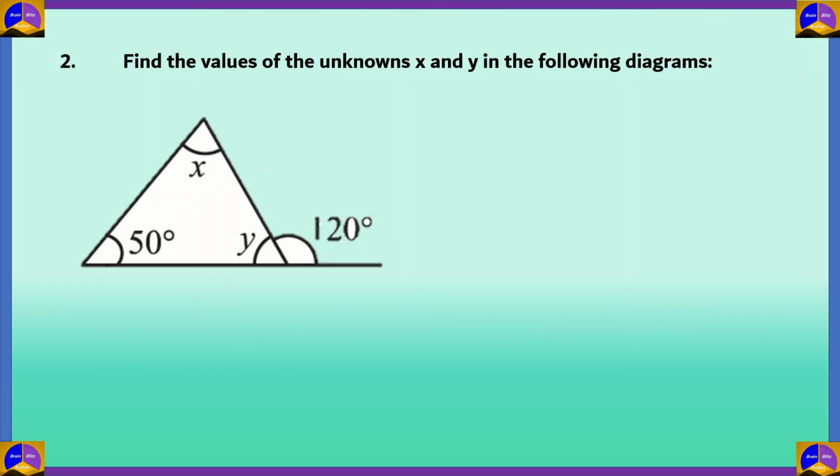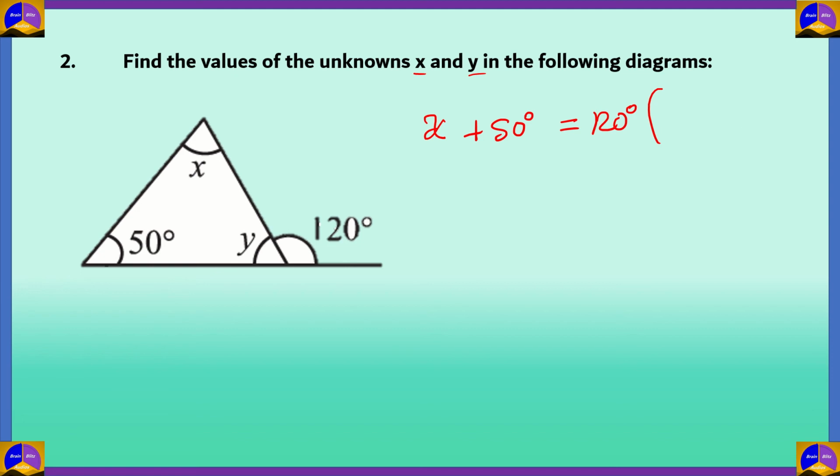Next question. Find the values of the unknowns x and y in the following diagrams. Since we're finding two angles, we'll have to use more than one property. So let's look at the diagram. According to the exterior angle property, x plus 50 degrees would be equal to 120 degrees. We discussed this in the previous video on exercise 6.2, so be sure to watch that.